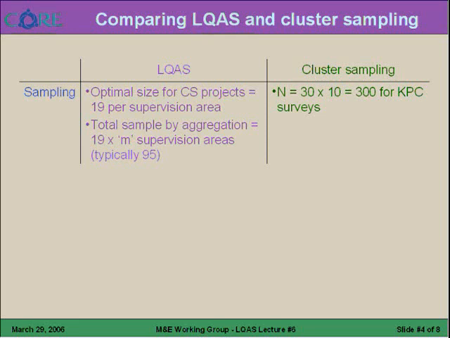Now, it's possible that at one site we might interview 2 or more people in lot quality assurance sampling, but let's assume for the purposes here that on average you interview one person per site within a supervision area. You would go to 19 sites in the supervision area, sample one person, and that would total 95 if you went to 5 supervision areas, 19 times each.